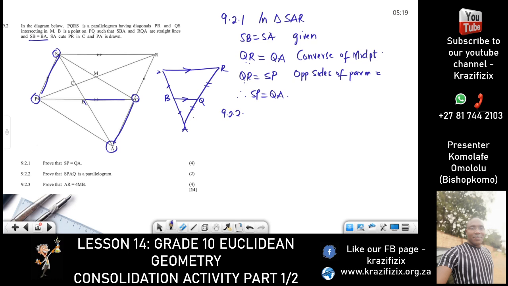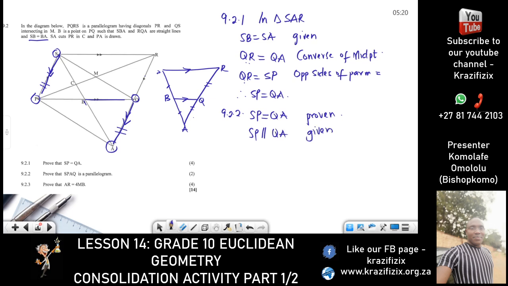Because of this. And we have just proven that that is equal to that. So that's a continuation there. So SP is equal to QA. That has been proven. And SP is parallel to QA.